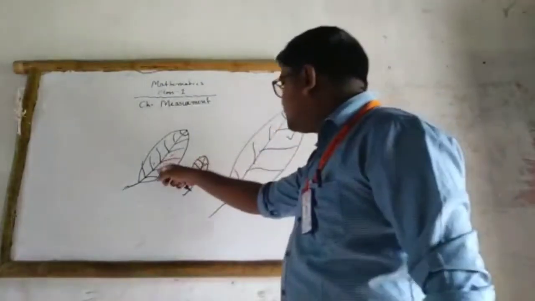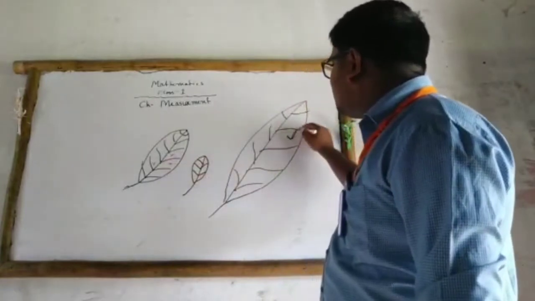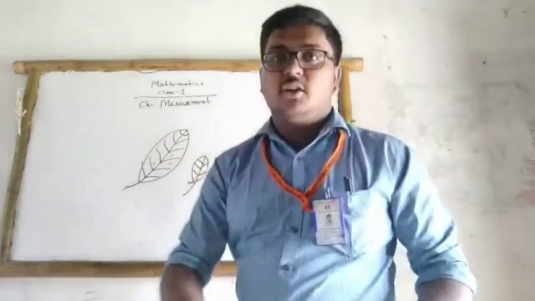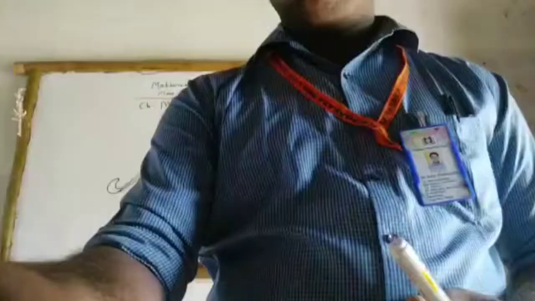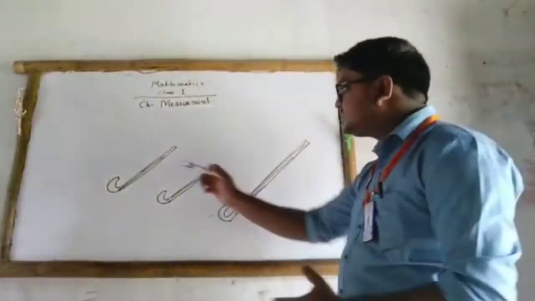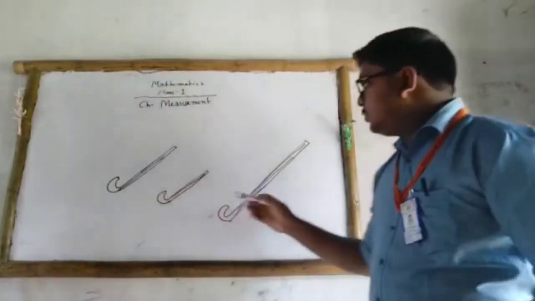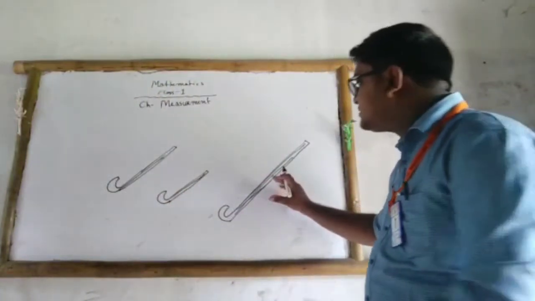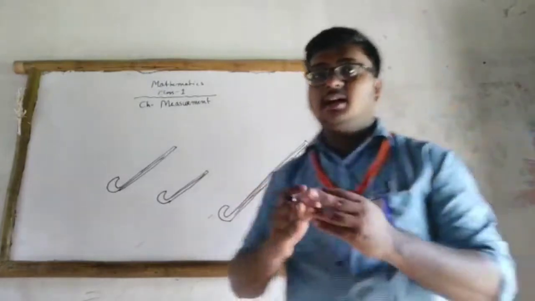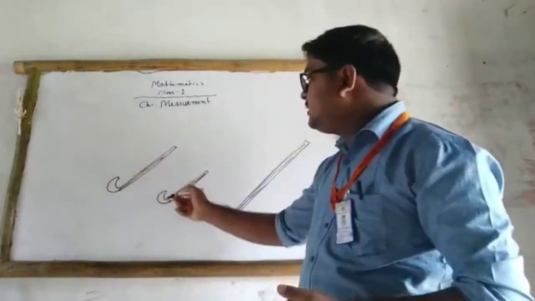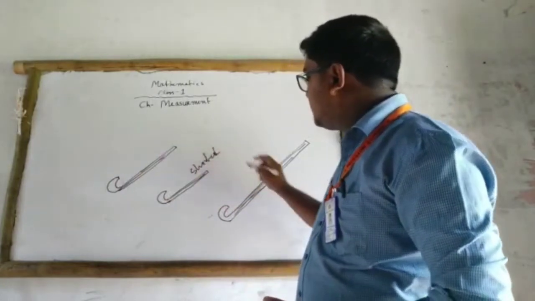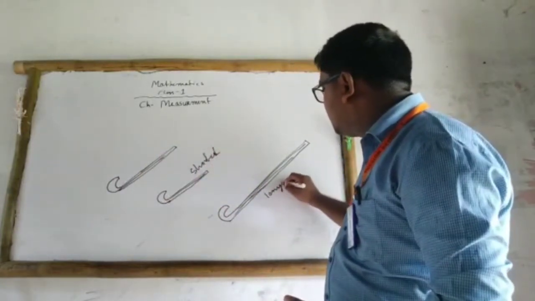From these three, this one is the longest and this one is the shortest. Now students, between these three things, which one is the longest? This one is the longest object, and this one is the shortest.